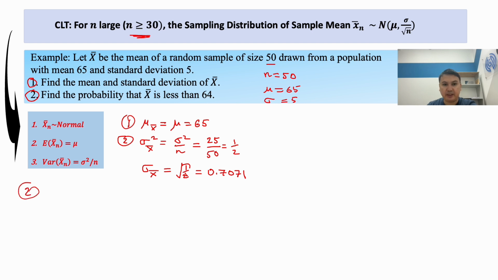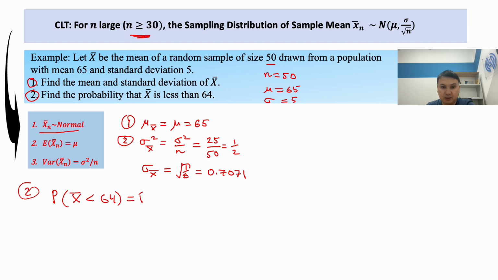All right, now let's go to the second one. Find the probability that x bar is less than 64. Mathematically it means probability x bar is less than 64. We know that x bar is normal, so I can pretend x bar is normal, but to use the tables, I need to convert it to standard normal.